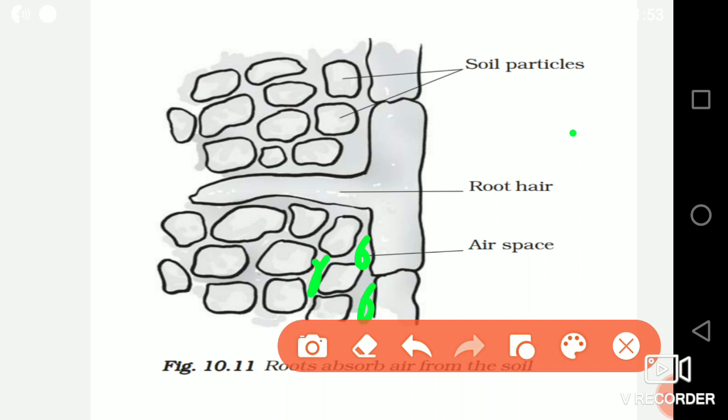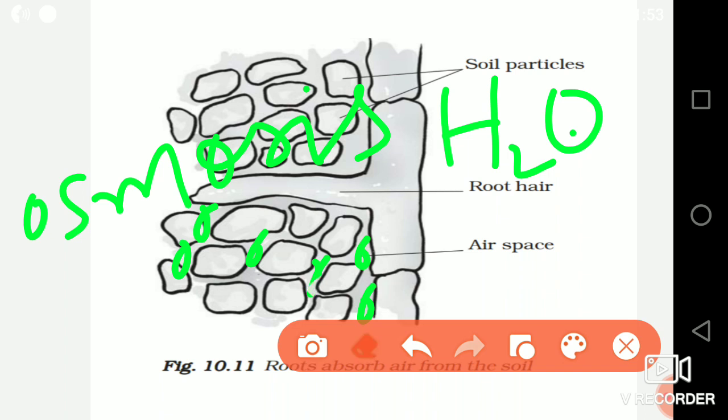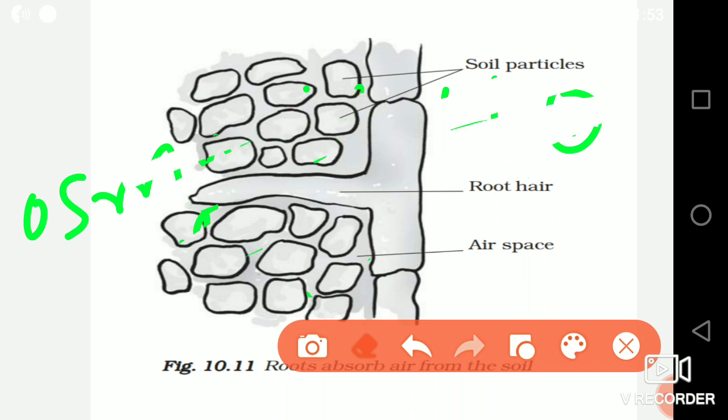By the process of osmosis the root absorbs water, H2O, and by the process of diffusion it absorbs oxygen and gives out carbon dioxide.